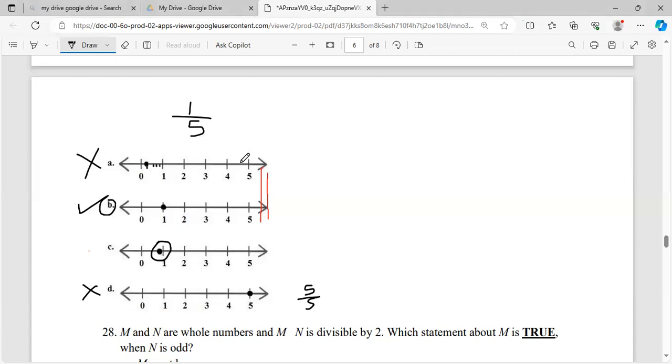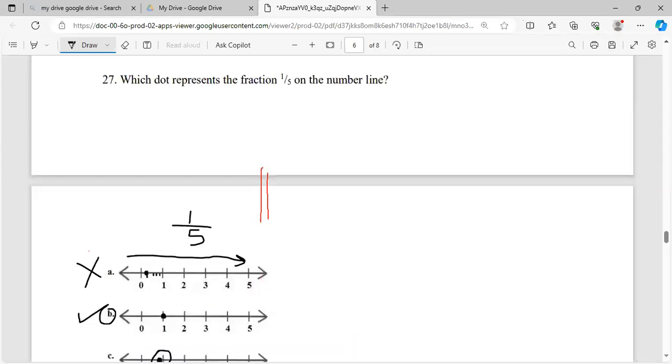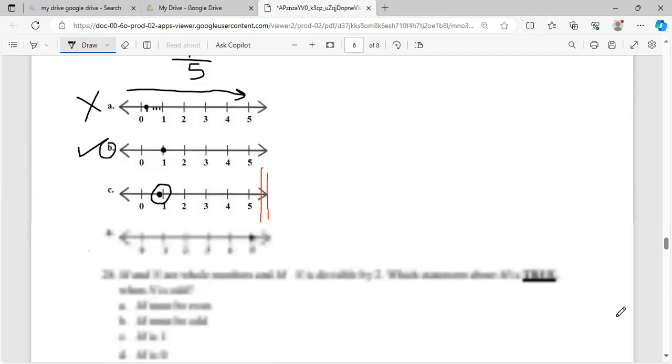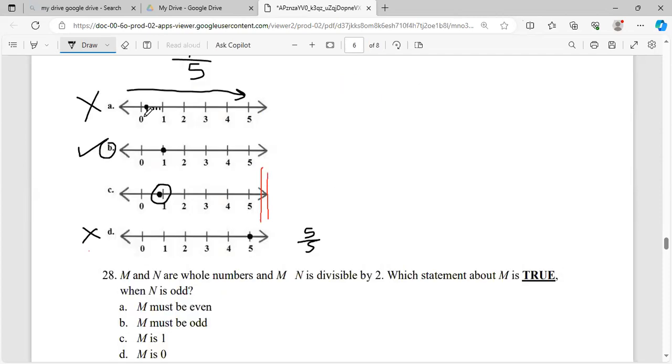But remember, it's the entire number line they're considering. They're not just considering one. Let me go back up and look to ensure that I am saying it right.